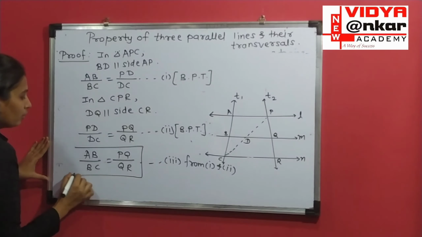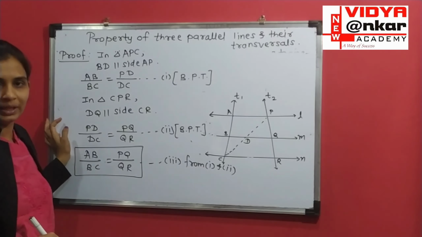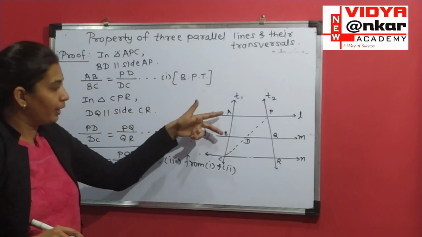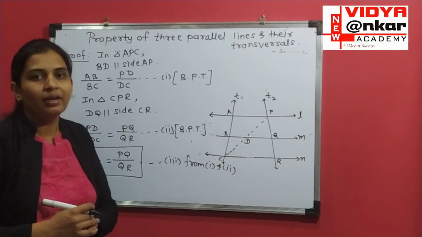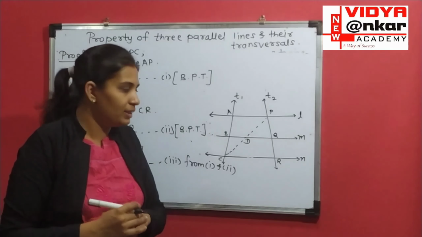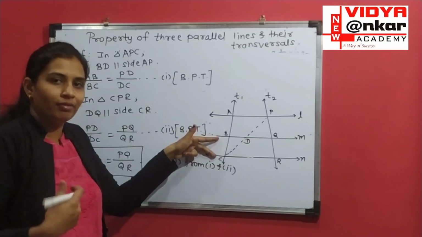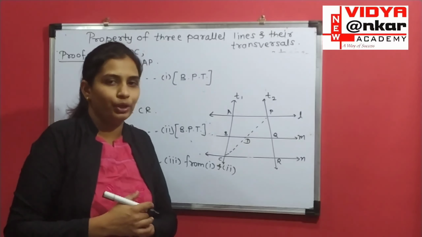And students, we have proved the same thing, that the ratio of these values will be in proportion. Means AB upon BC will be equal to PQ upon QR.